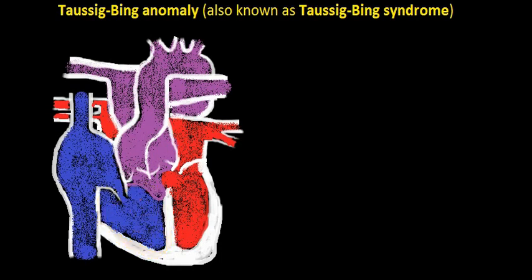Let's suppose that here is the tricuspid valve, and here is the left atrium, and the left ventricle is here.